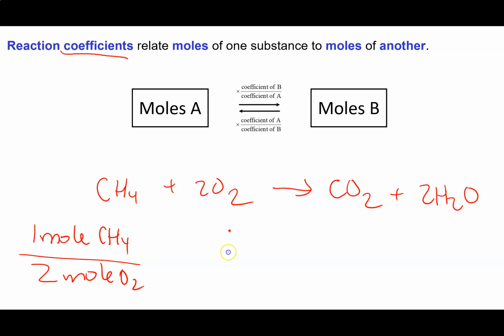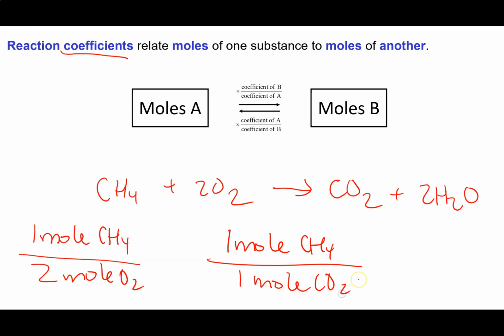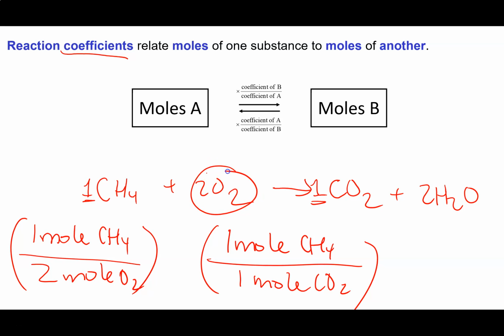Or you can say for every 1 mole of methane, I will produce 1 mole of CO2. So using the coefficients, there are imaginary ones here, aren't there? In this way, we generate mole ratios that allow us to convert from moles of one thing, perhaps O2, into moles of another thing, perhaps H2O.